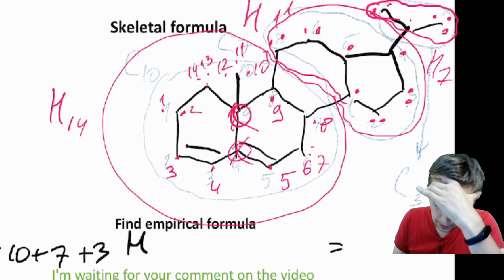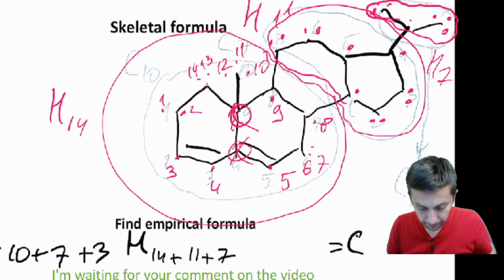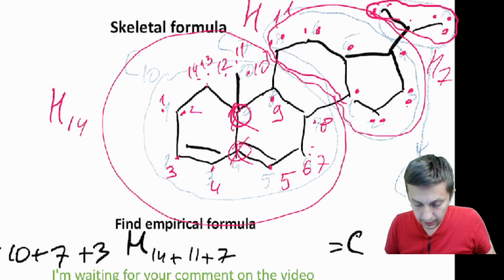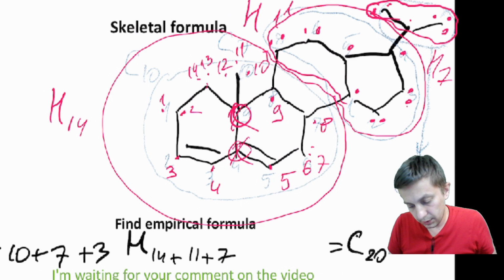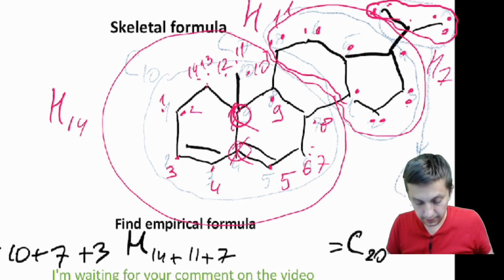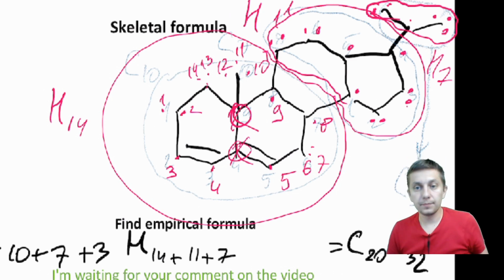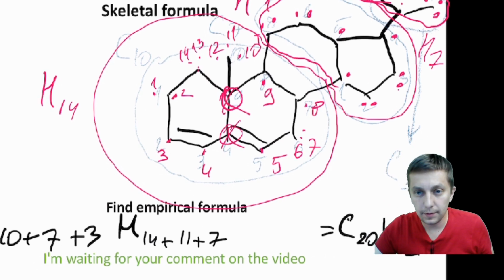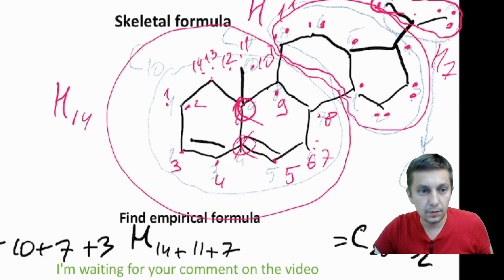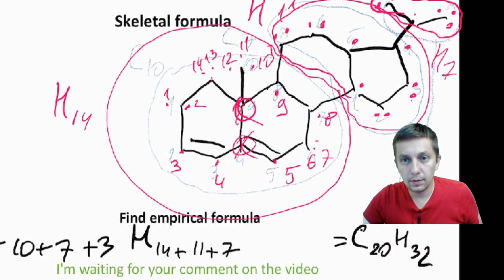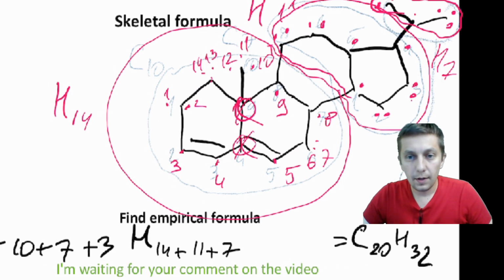So we have H14 plus 11 plus 7. We will get C20H32. Like this. One moment. Like this. Okay.